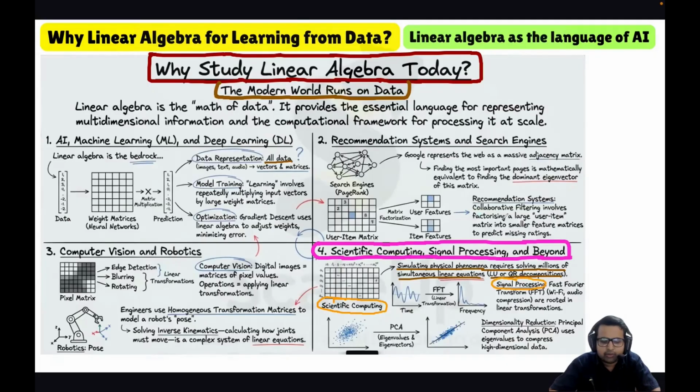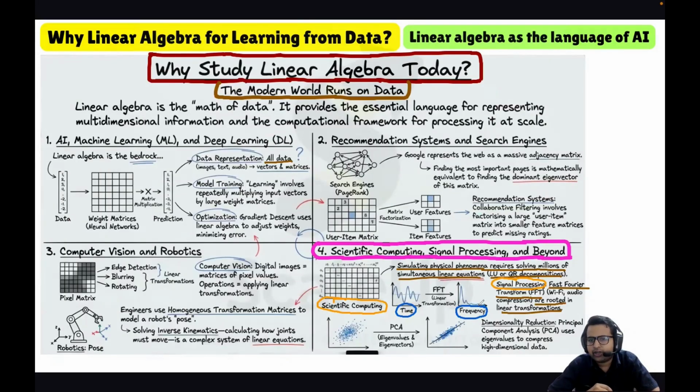In signal processing, techniques like the fast Fourier transform, which is also used in Wi-Fi and audio compression, are rooted in linear transformations that convert signals between time and frequency domains. Converting the time domain into the frequency domain and vice versa is very important.